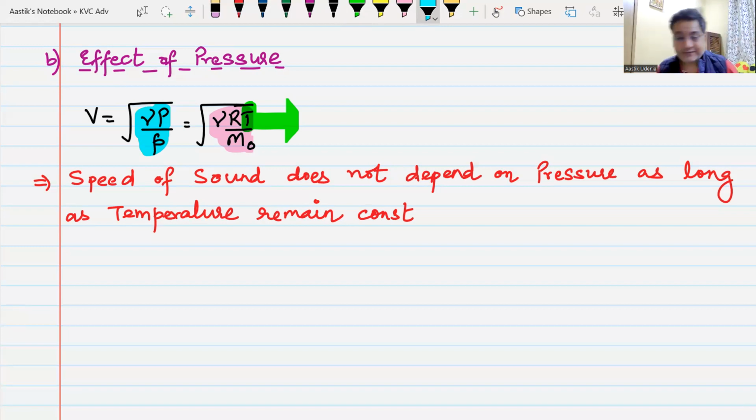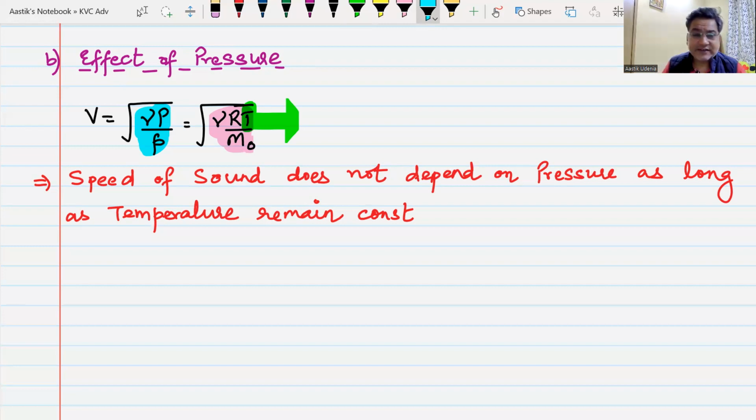Do you understand this? When P by rho, that quantity changes, then only the speed of sound can change. When P by rho changes, it effectively means that the temperature changes. Do we understand this? Yes, sir.